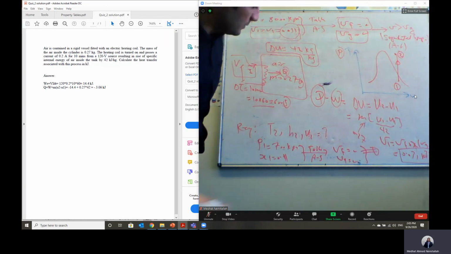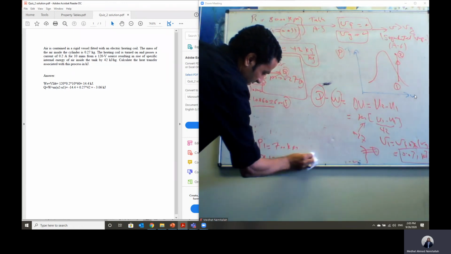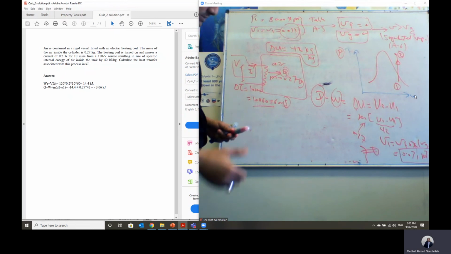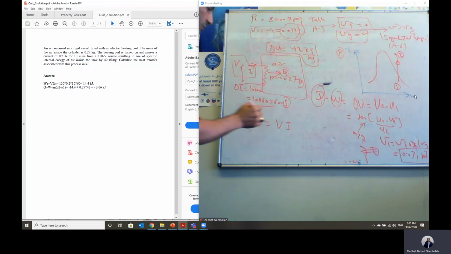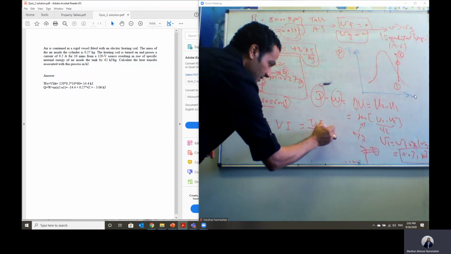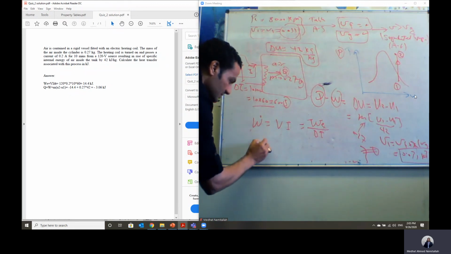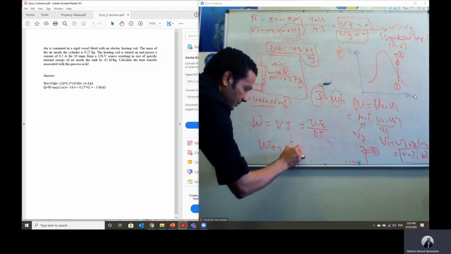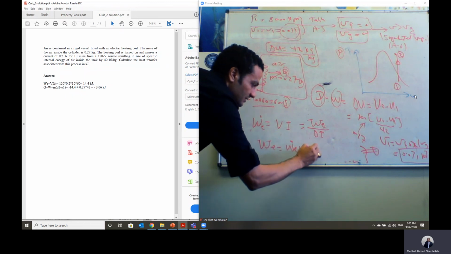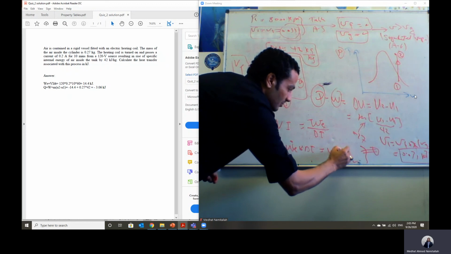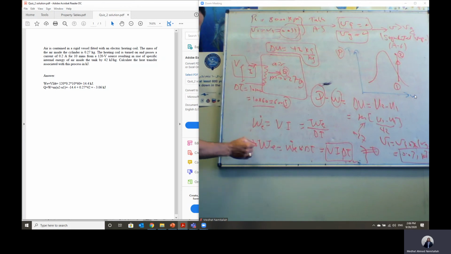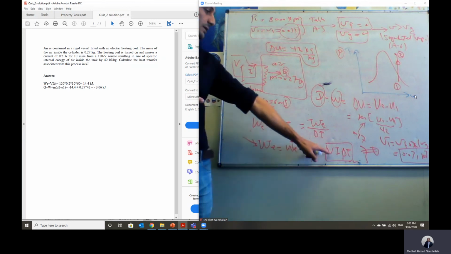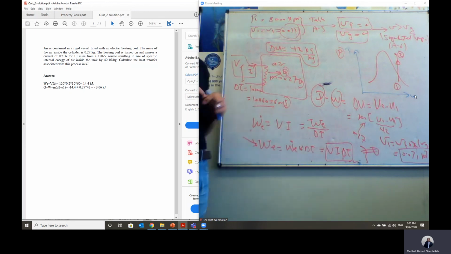The electrical power, which is the rate of work, equals volt multiplied by ampere, which equals the electrical work divided by time delta T. So the electrical work equals volt multiplied by ampere multiplied by the time difference delta T. The volt is 120, the current is in ampere, delta T in seconds, so this value is calculated in joule.